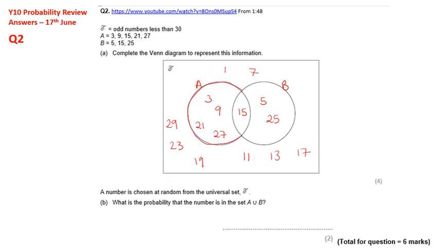So I'm looking at all of these in here. I've got 1, 2, 3, 4, 5, 6, 7 numbers within A union B. Out of how many altogether? It should be 15 odd numbers less than 30.